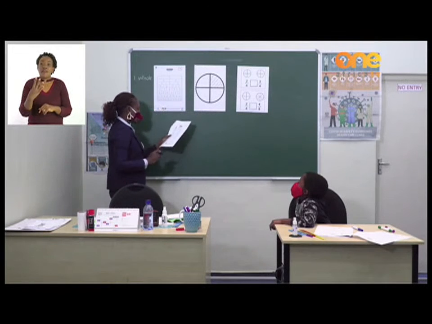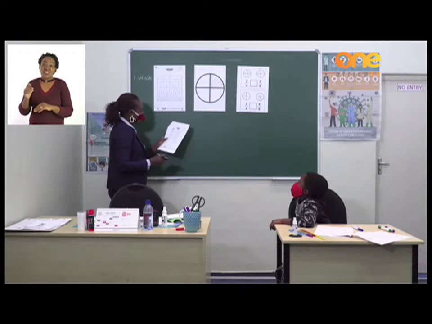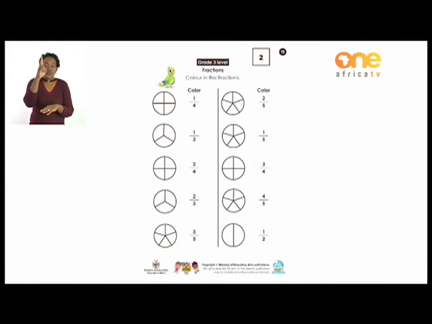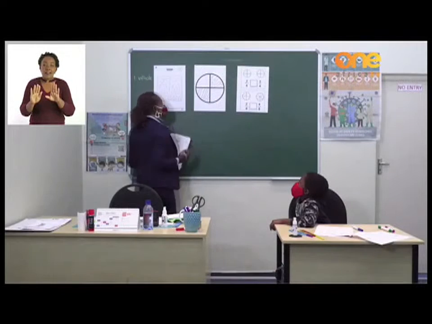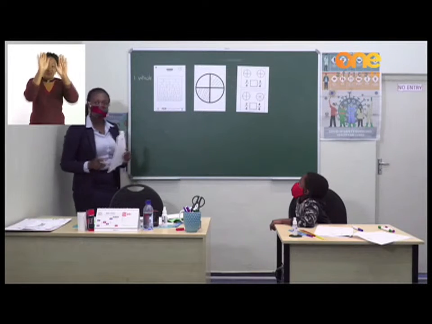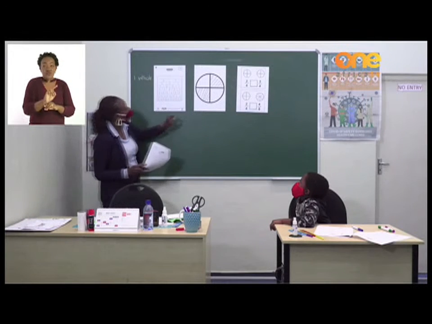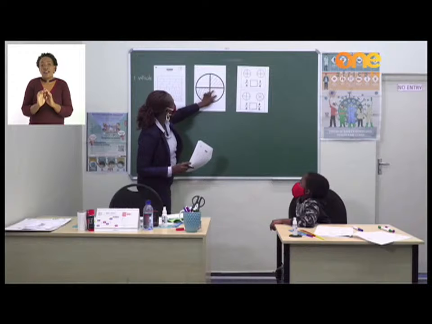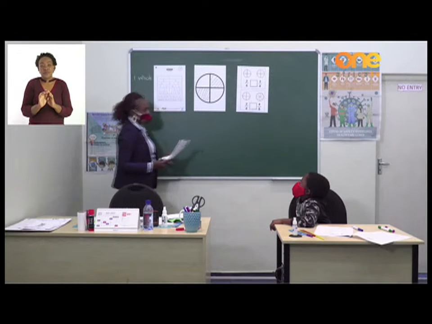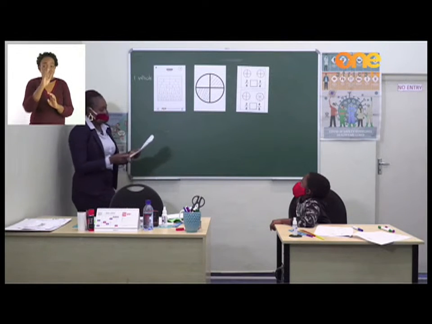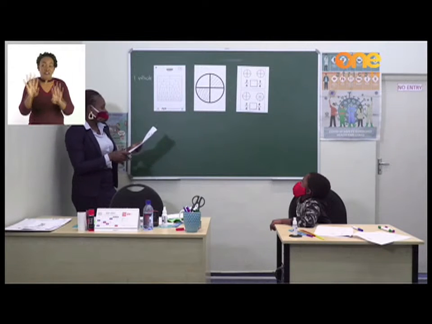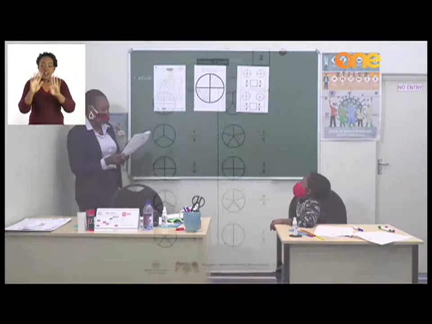Let me do another example again. 2/4. It means we can also color here, which means 2 pieces of pizza out of 1, 2, 3, 4 pieces. Okay. That's all. I want you to do the rest.